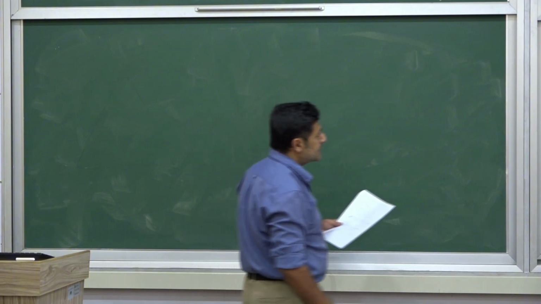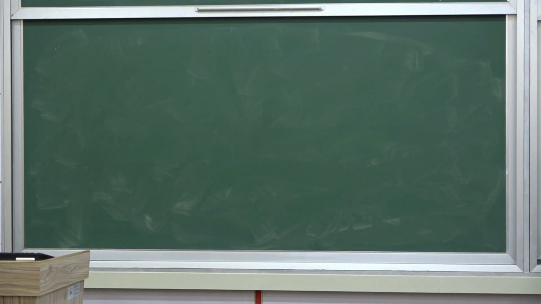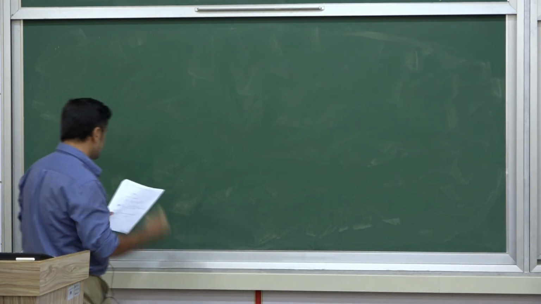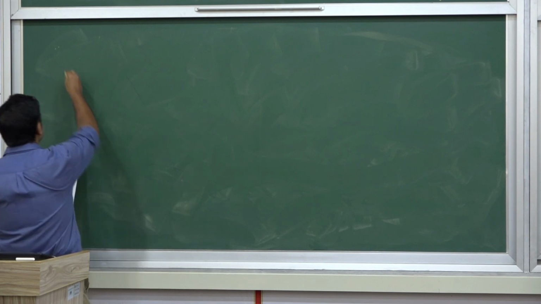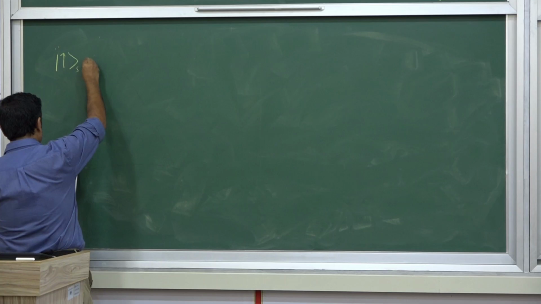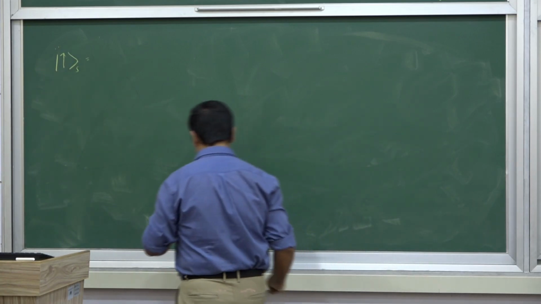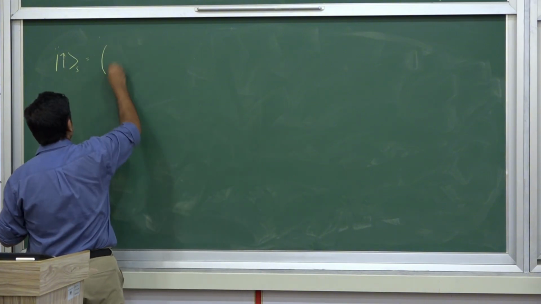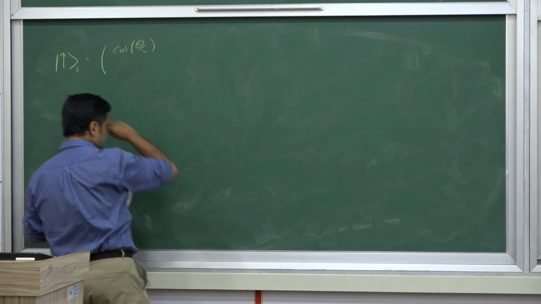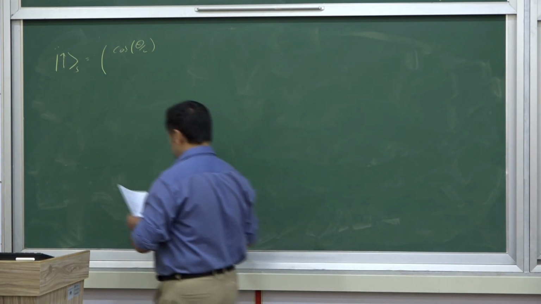Let us calculate the Berry phase of, let's pick this one. Cosine theta by 2 and e^{iφ}.